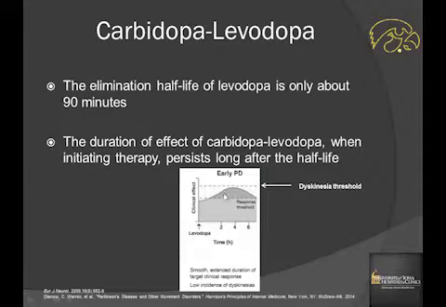So we really want to try to keep these levodopa levels in this sweet spot. As we'll see on the further slides, as the disease progresses, the time that we stay in the therapeutic window unfortunately gets smaller and smaller. And this is what's going to lead us to have to dose the medications more frequently, again, as the disease progresses.